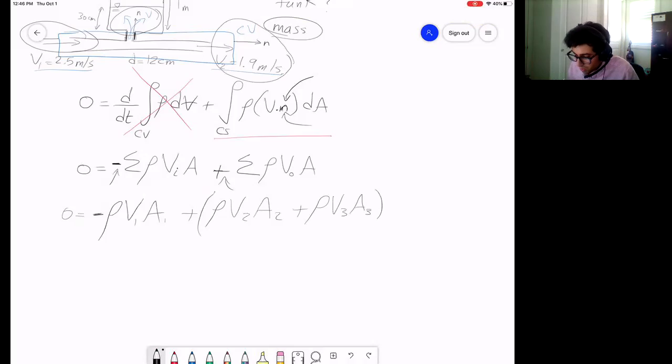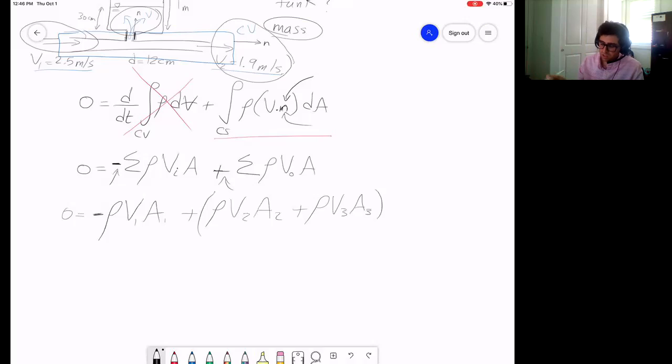And now, what do we do? Can we simplify this problem? What's a common term you see in this equation? Rho, right? Density is a common term. We're dealing, I think, with water in this problem, and water is called an incompressible fluid. So density does not change, really.